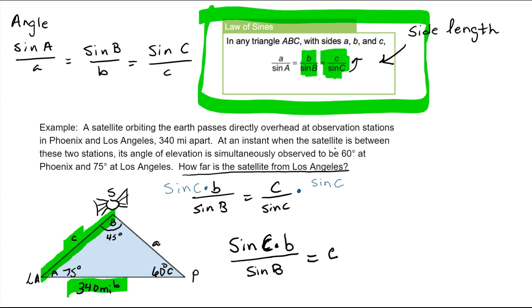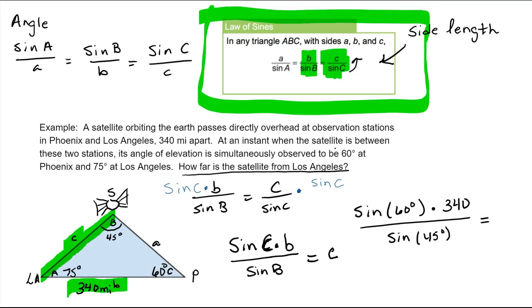So then we're going to type in on our calculator the sine of 60 degrees, because angle C is right here, 60 degrees. All right. And then we're going to multiply that by the little b, which is 340 miles. And we're going to divide that by the sine of 45 degrees.